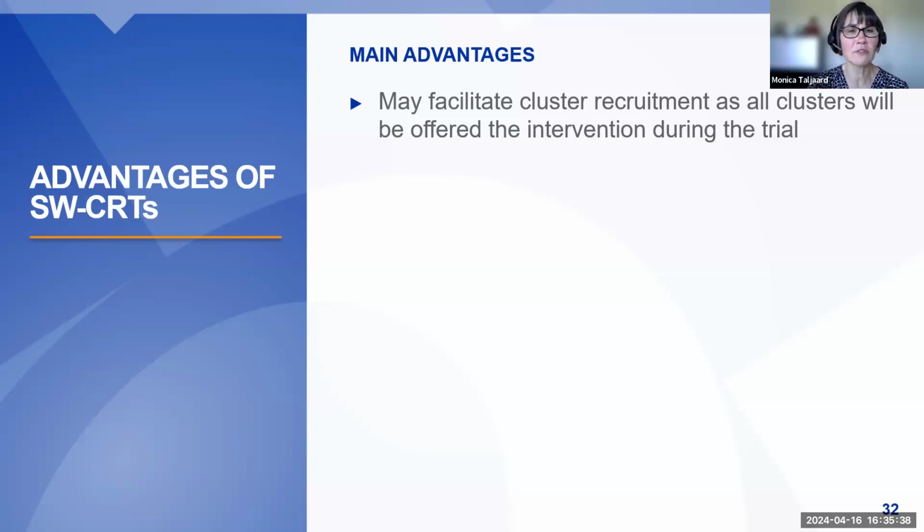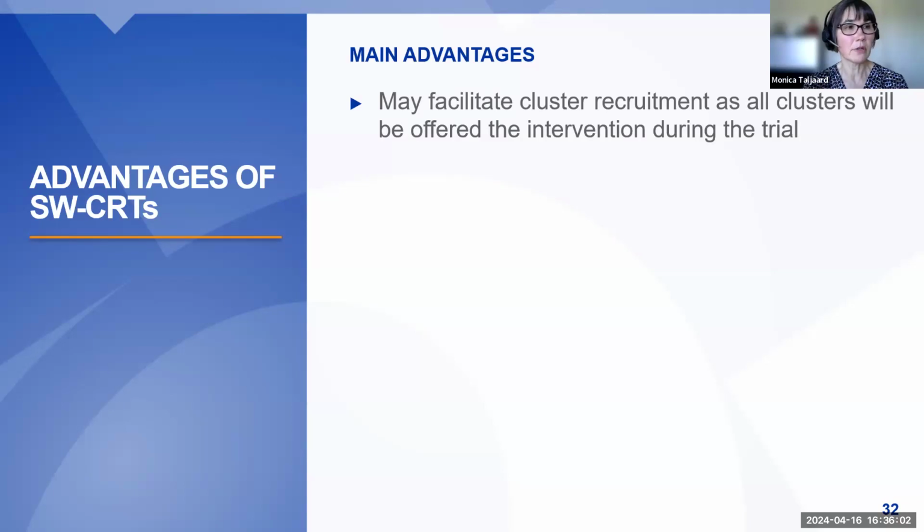The first, as I mentioned for the EPOC trial, is that every single cluster will eventually get the intervention during the trial. Investigators do find this beneficial because they sometimes struggle to recruit clusters or institutions to participate in a trial when they know that half of them will never get anything.